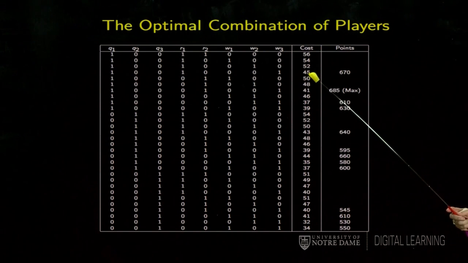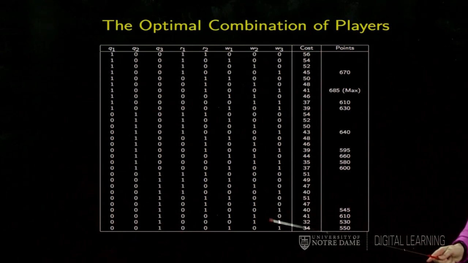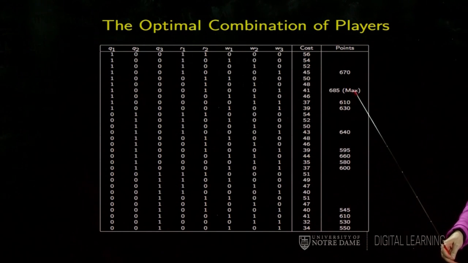So here's a feasible combination, Q1, R1 and W3, and it costs exactly $45, so we can buy that particular combination, and the number of points is 670, so that is a feasible combination, but it's not the one that gives us the maximum number of points.